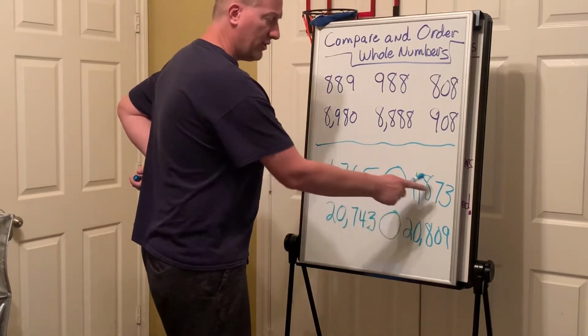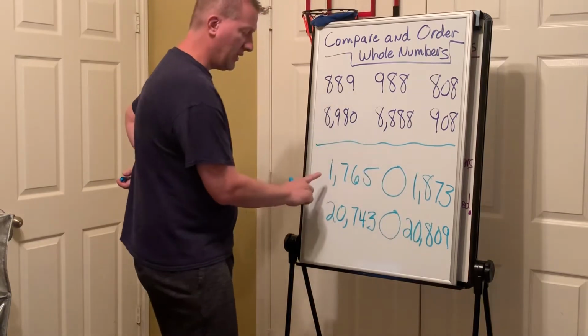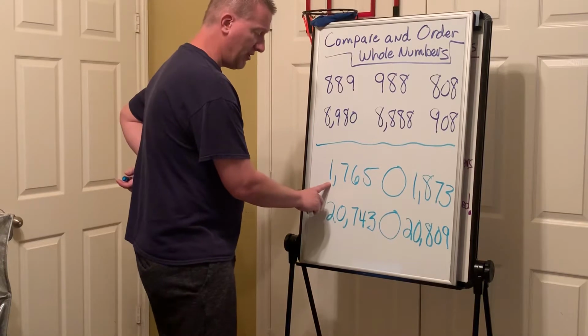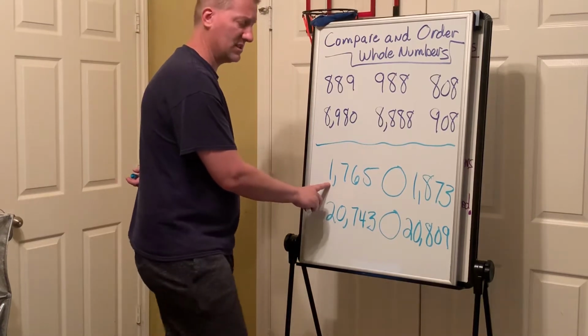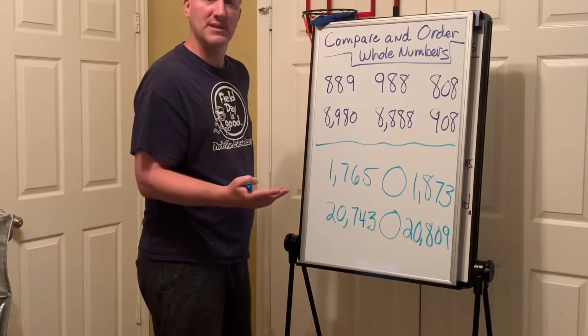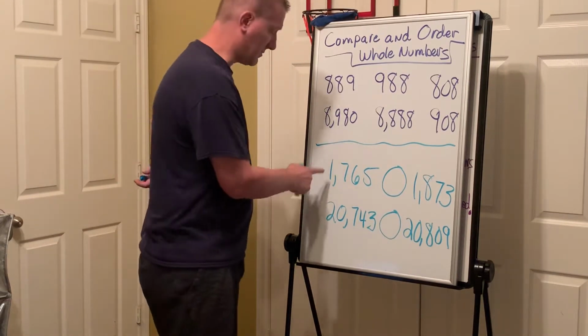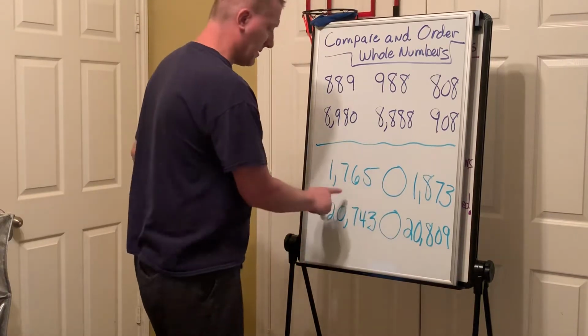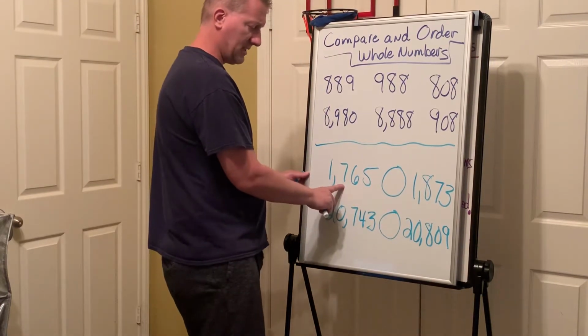When you're comparing two numbers, you always look at the highest place value first. So here, this is the thousands place, and this is the thousands place. And it's both the same digit in the thousands place, a 1 and a 1. So they're so far the same. Then you go to the hundreds place.